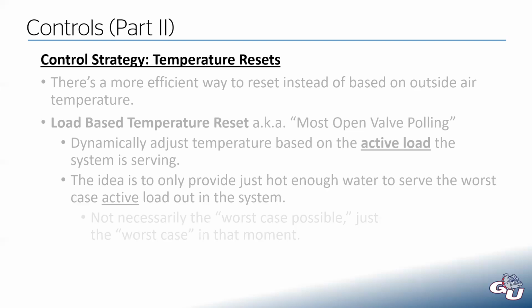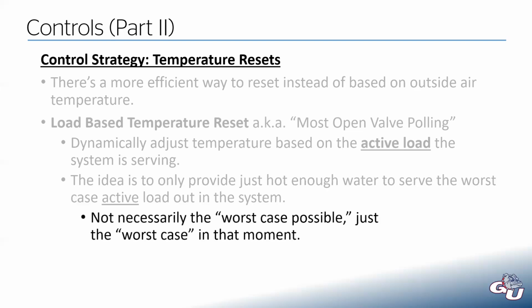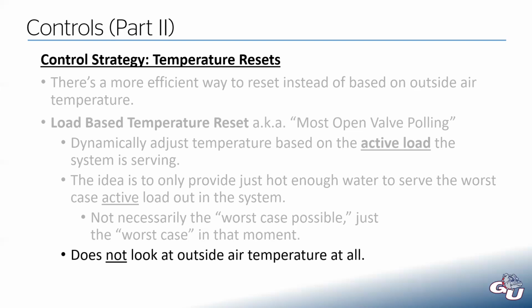That does not necessarily mean the worst case possible. That's how a design engineer thinks. I kept using that term, worst case. It's just what is the worst case right at this moment, not necessarily worst case possible, just the worst case right now. And this does not look at outside air temperature at all.